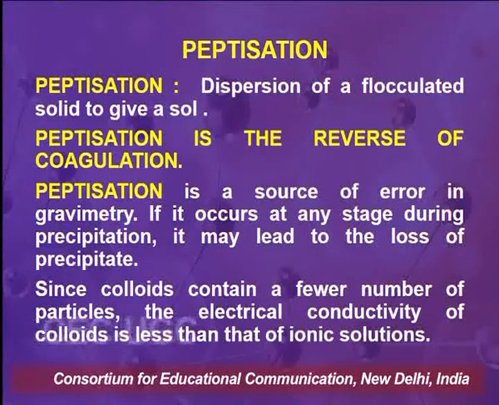So, the dispersion of a flocculated solid or a precipitate to give a lyophobic colloid is called peptization, and therefore it is the reverse of coagulation. Peptization is a source of error in gravimetry. If it occurs at any stage during precipitation, it may lead to the loss of the precipitate. Since colloids contain a fewer number of particles, the electrical conductivity of colloids is less than that of ionic solutions.